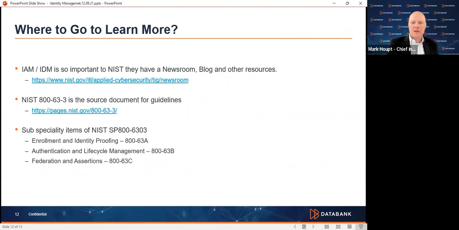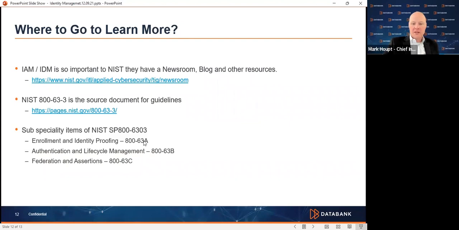nist.gov/itl/applied-cybersecurity/tig/newsroom. The primary source documents you need to look at for guidelines for IAM are NIST 800-63-3, and there are a number of sub-documents under there.